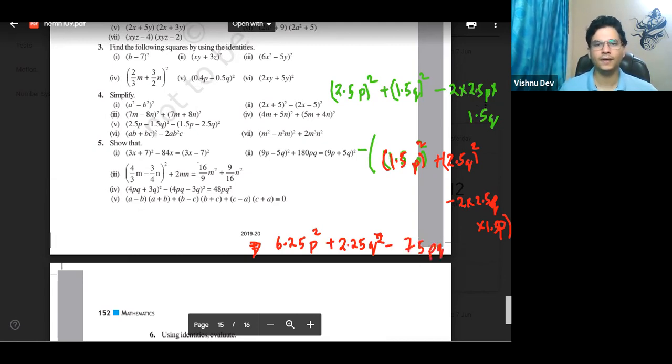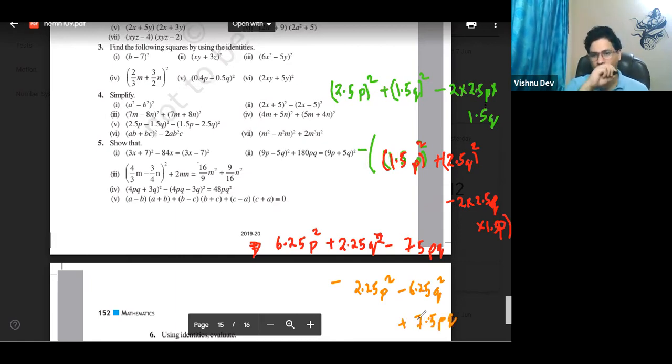Right? Minus, this minus. Now again, the sign will change, right? So this will become minus 2.25 p square minus 6.25 q square, and minus becomes plus 7.5 pq.